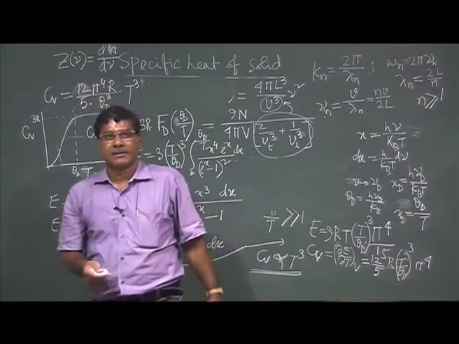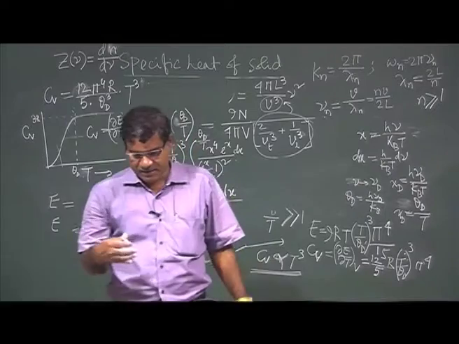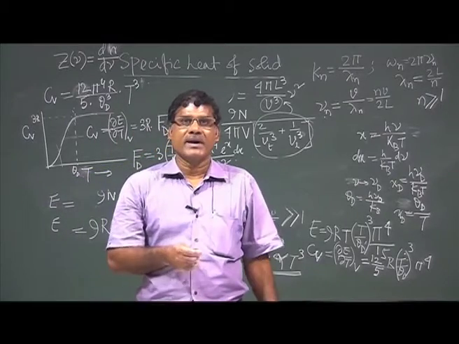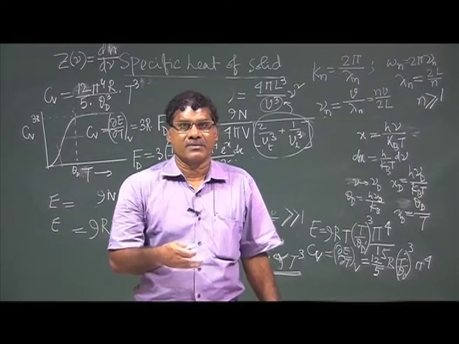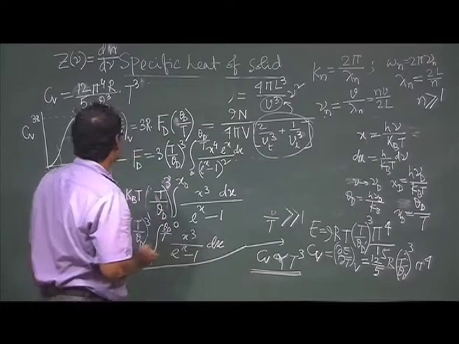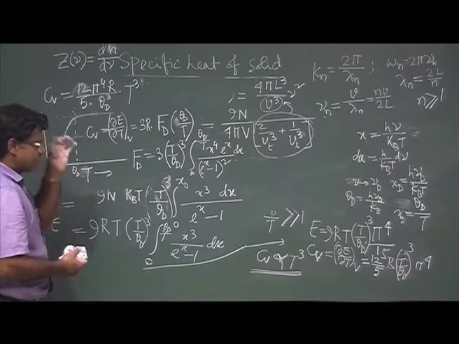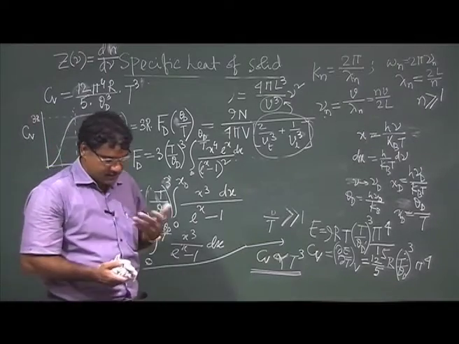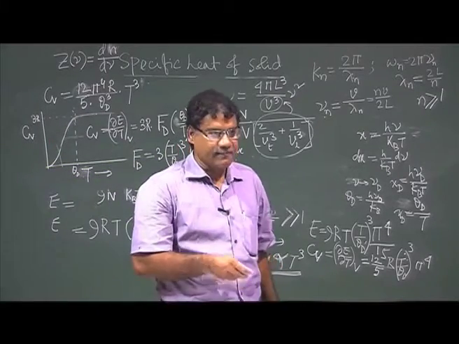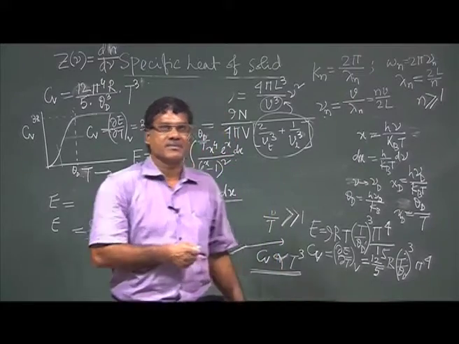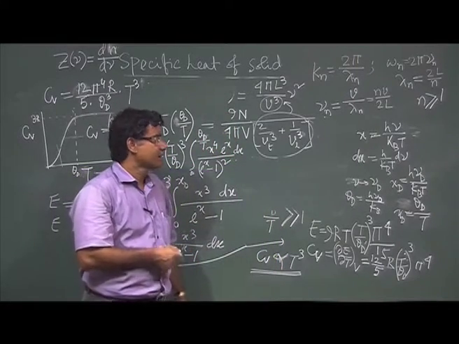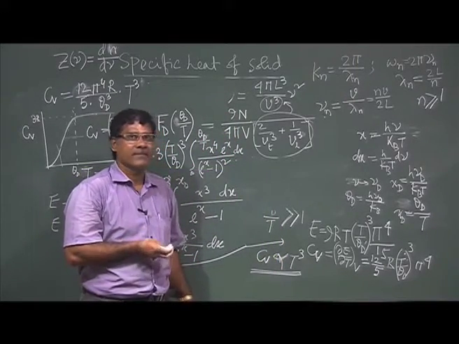So that's the advantage of doing the numerical calculation, taking help of computer programming, okay. So I think that's the history of this, CV, specific heat of solid state, okay.